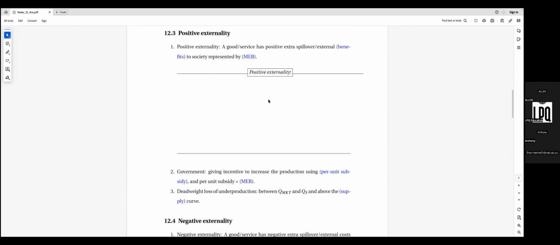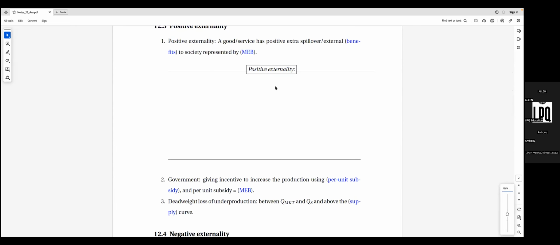In this box, let's build today's first graphical model, a positive externality market. For example, as I mentioned, my example was the vaccination market.